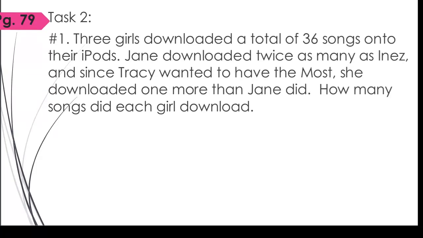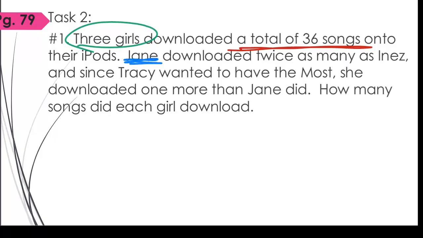All right. Take about 3. What is one piece of key information in this problem? 3 girls. Yes, that is absolutely true. We have 3 girls. That's very important to know. What else? Total of 36 songs. Definitely very important. Twice as many as Inez. Who is twice as many?